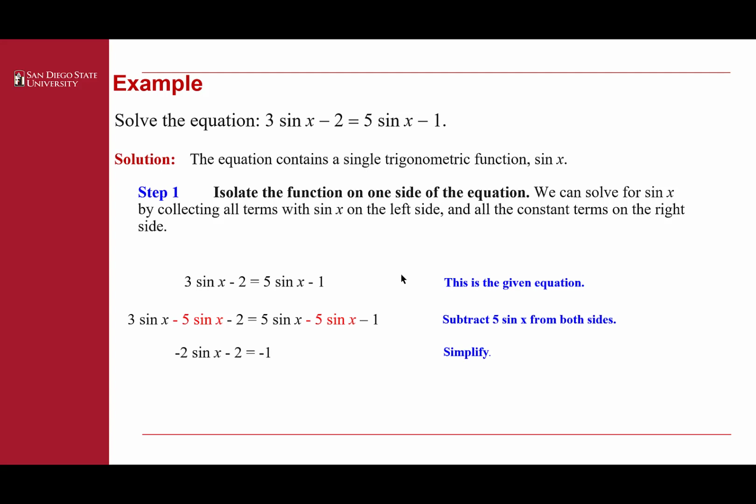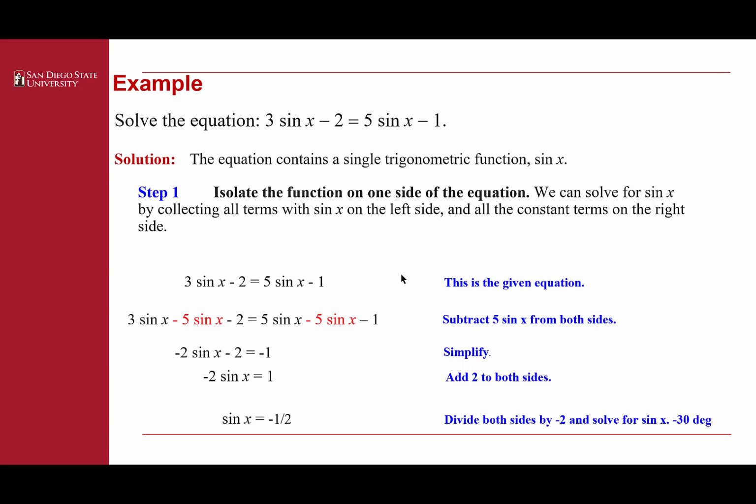Now we get minus 2 sinus x minus 2 equals minus 1. And if we add 2 to both sides, we will get minus 2 sinus x equals 1. So it is much simpler this way. And finally, we get sinus x equals minus 0.5 when we divide both sides by minus 2.